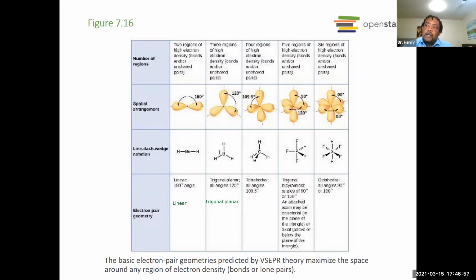Now, if there were electrons here, the electron pair geometry would still be the same because the electron pairs count as an attachment for the electron pair geometry. The shape, the molecular geometry, will be different. Okay.